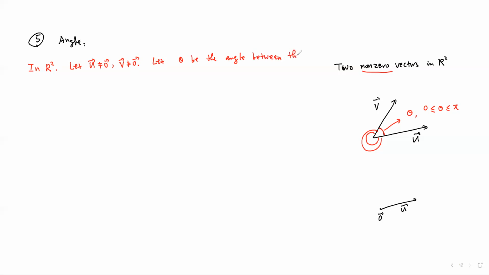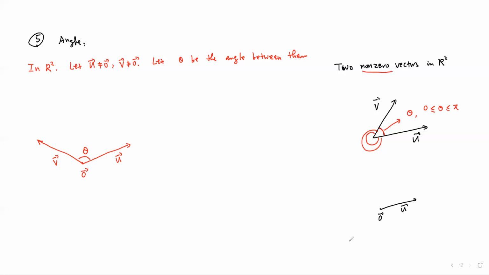Because in R2 we can plot the vectors: zero origin here, vector U here, and vector V here. Now the angle is here. Now let me make a triangle.